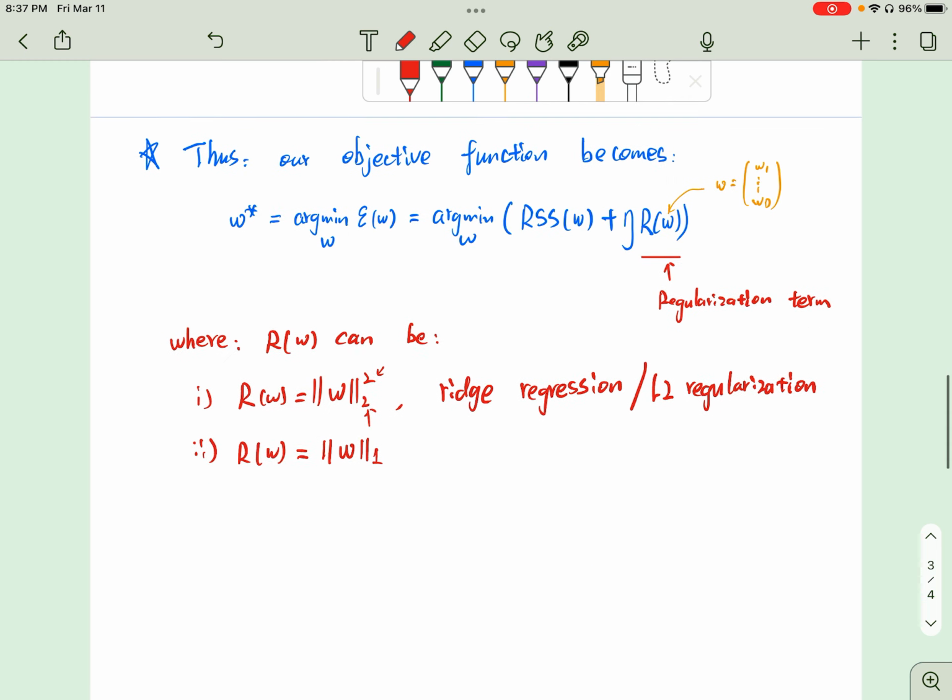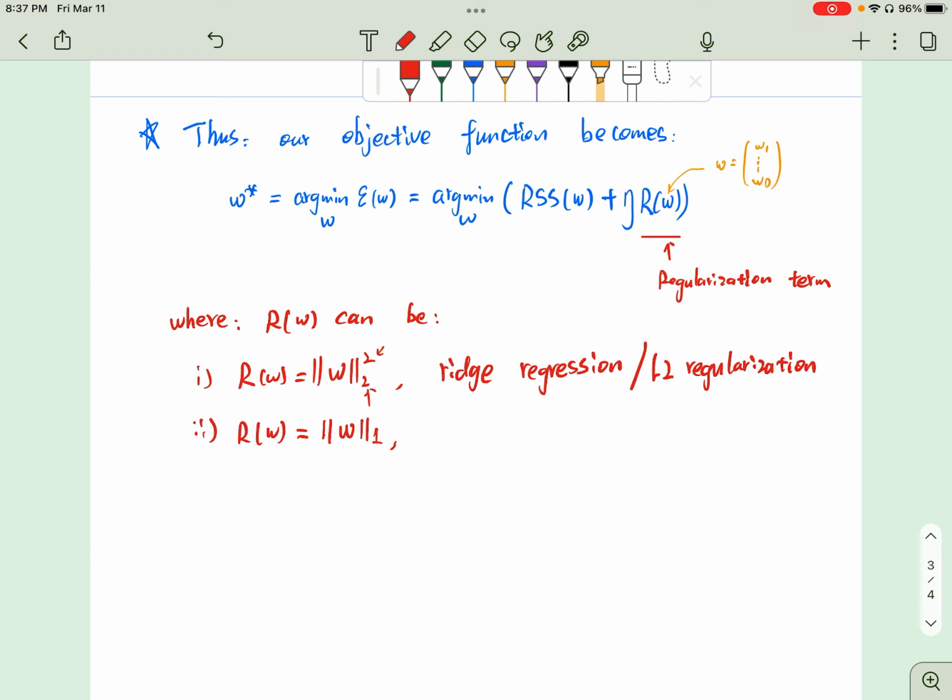So this is sometimes called Manhattan distance. If this regularization term is the Manhattan distance, we call it Lasso regression or L1 regularization. Okay, these are just some names.